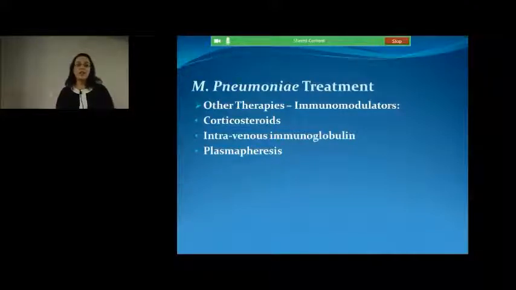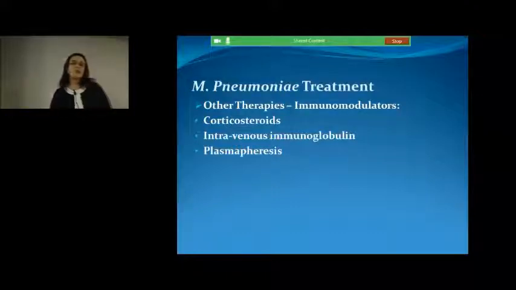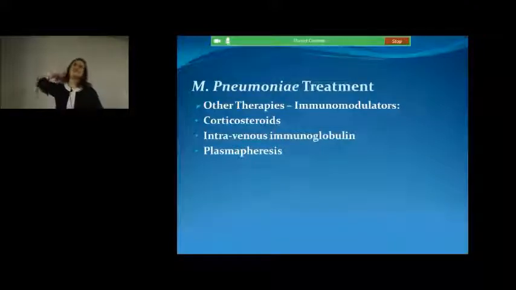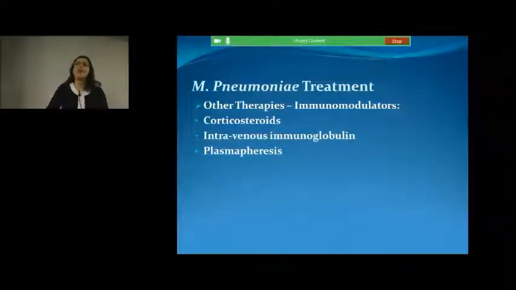Accordingly, immunomodulators may have some benefit in cases of refractory or severe disease. Corticosteroids, intravenous immunoglobulin, and plasmapheresis have been used in severe or refractory disease, or when extrapulmonary manifestations are present, with variable results.